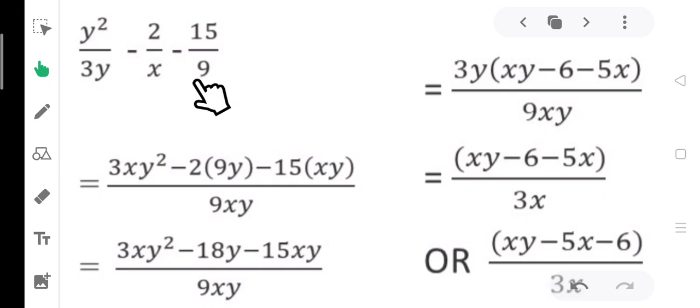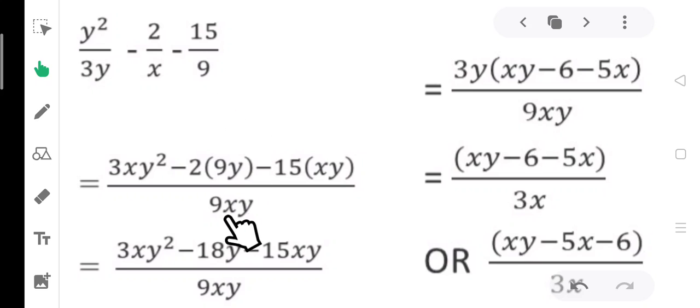So for the LCD, write the factors of the denominator in the first one. So we have 3y and 1. So no need to write 1. So we have 3y times x. So we have 3xy times 1, 3 here. One of the factors of 9. So we have 3y times x times one of the factors here, which is 3.